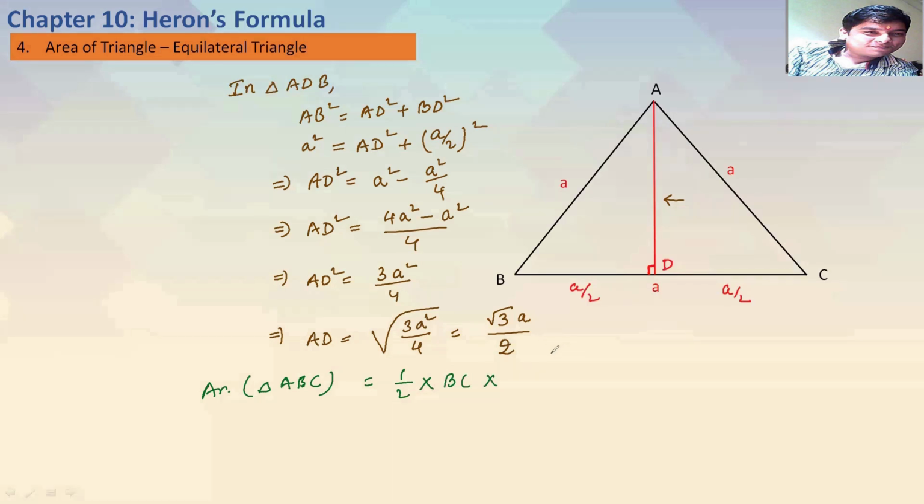Base is A by 2 plus A by 2, so total A. That is why we took A by 2. And what is AD? Root 3A by 2. So we are getting root 3 by 4A square.